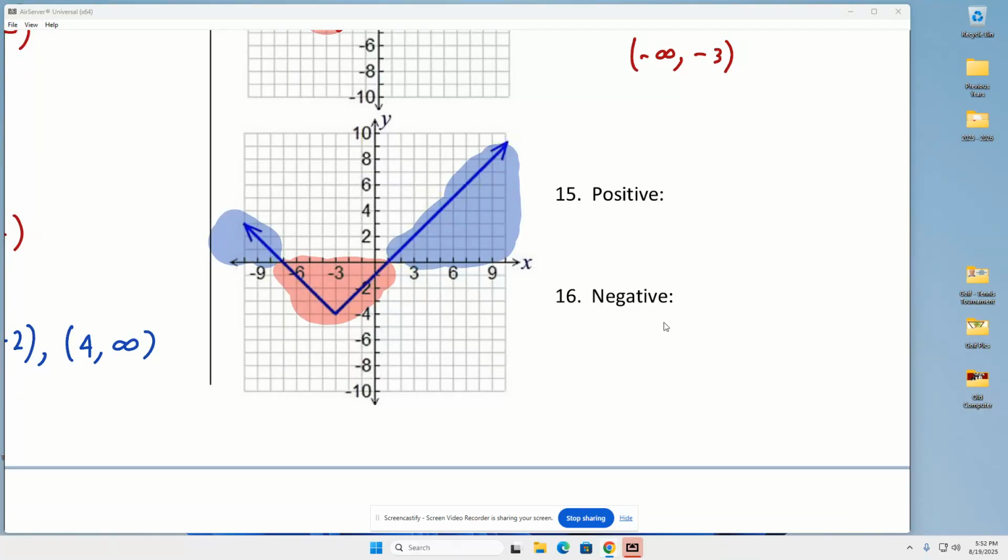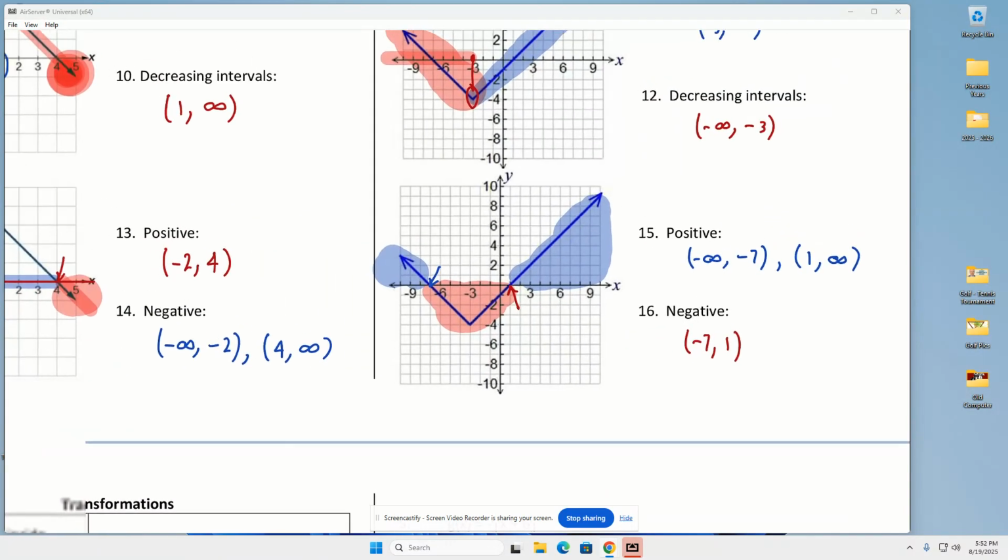So that's from -infinity to this x-intercept, -7. Then it went down into the negative world from -7 until it got to this x-intercept, 1. And then finally it went back up into the positive world from 1 forever.